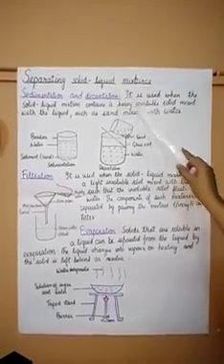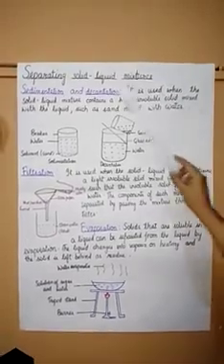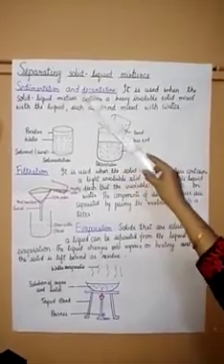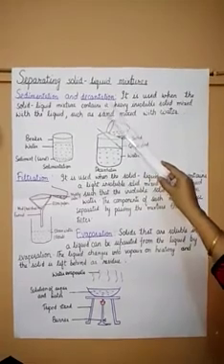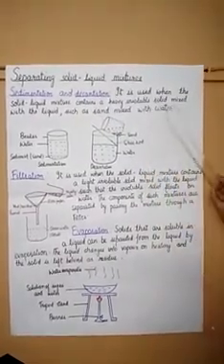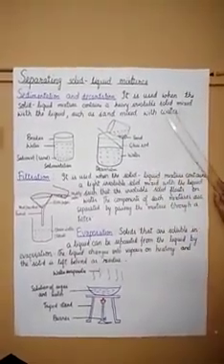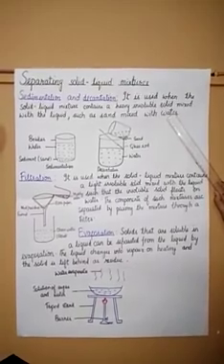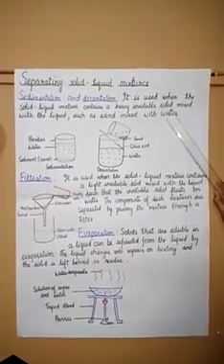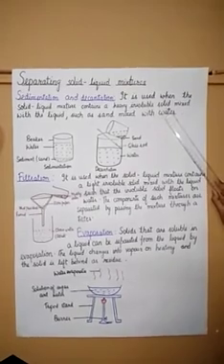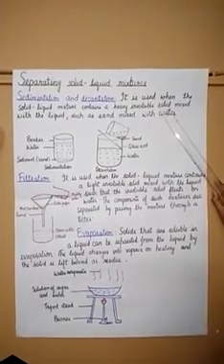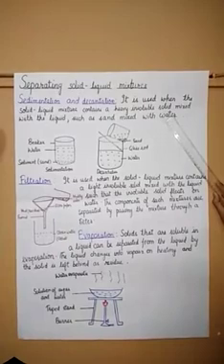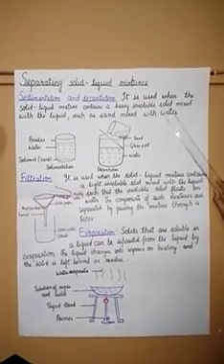Separating solid liquid mixtures. The first is the sedimentation and decantation method. Solid and liquid mixtures can be mainly of two types: one in which the solid is soluble in the liquid, and another in which the solid is insoluble in the liquid.